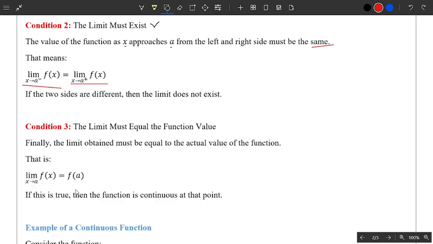That is, if I take the limit of that function as x approaches that point, and then take the functional value, they should be the same. If this is true, then the function is continuous at that point. If it is not true, it's not continuous at that point. So we have three different conditions that we take note of.